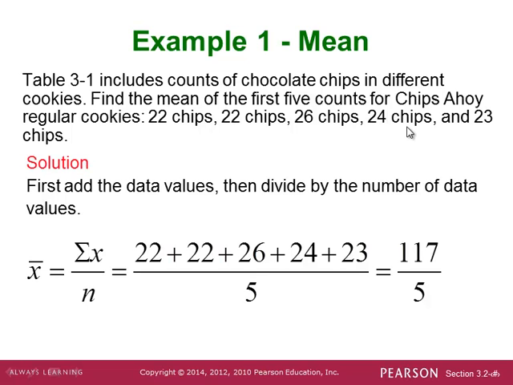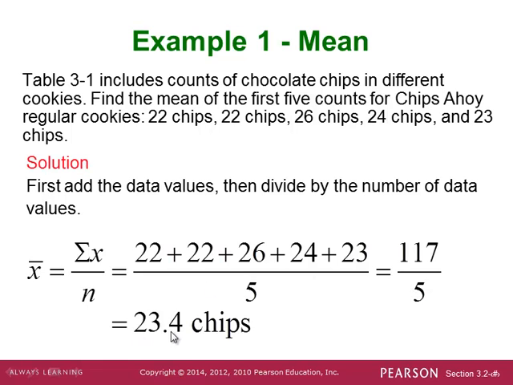All you need to do, folks, in computing the sample mean is just add up the numbers and divide by 5. Why? Well, because in order to compute the average of 5 numbers, you add up those 5 numbers and divide by 5. So you add up those 5 numbers, you get 117 divided by 5, and that works out to be approximately 23.4.